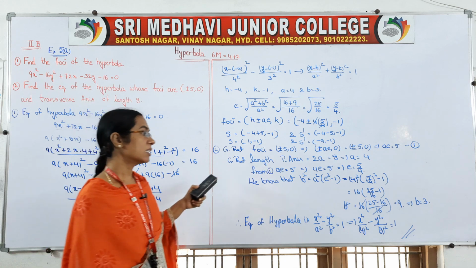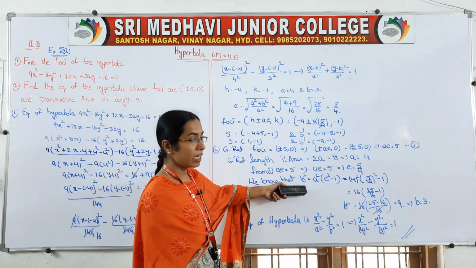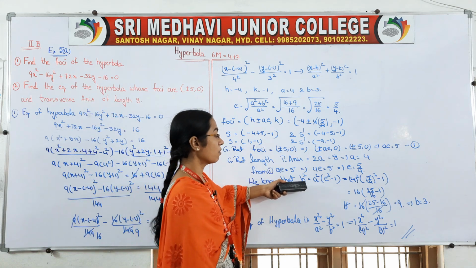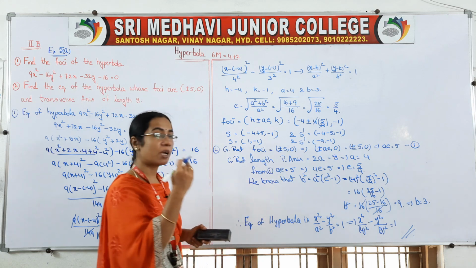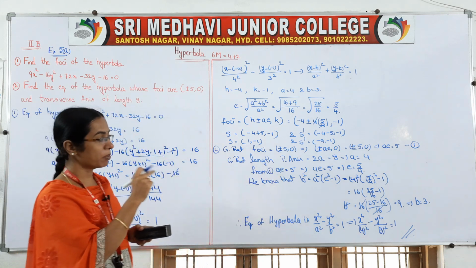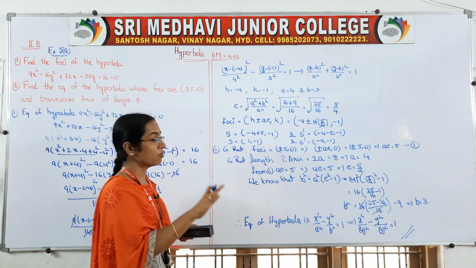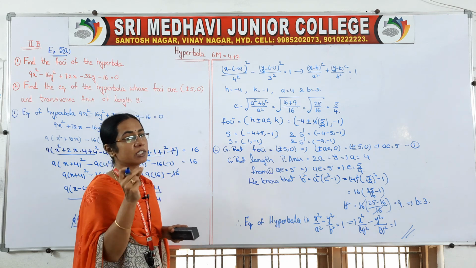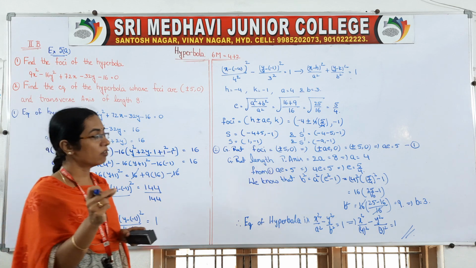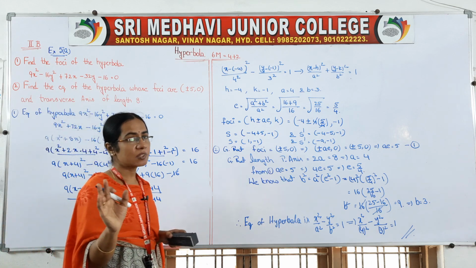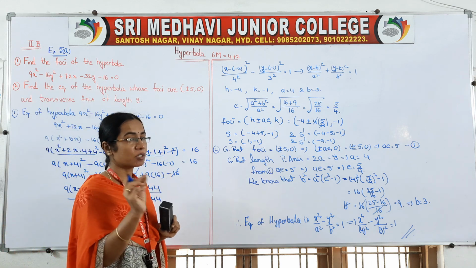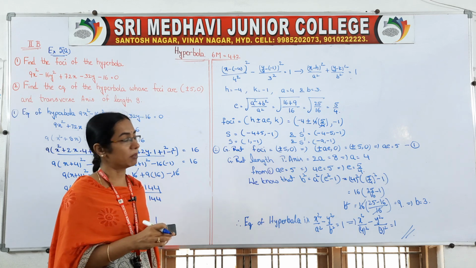What I said, in doing the ellipse, the b square formula is a square into 1 minus e square. But in hyperbola, it is a square into e square minus 1. Be careful while taking the formula, small changes will be there.